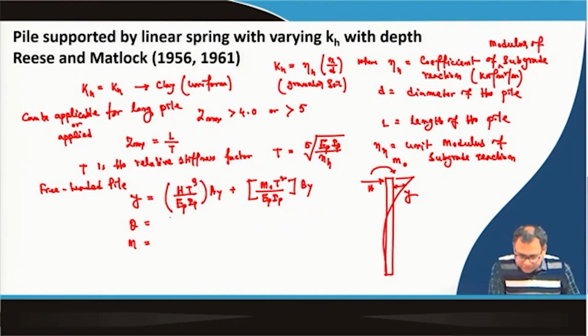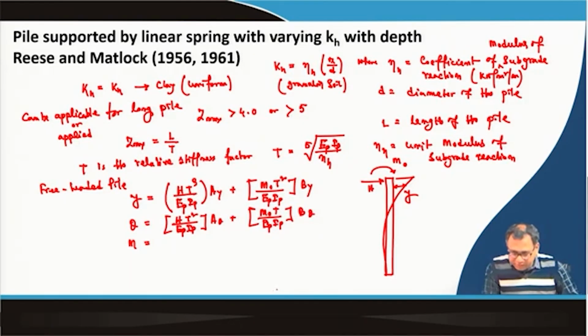With theta, the expression is H t square divided by E p I p, A theta plus m 0 t E p I p B theta.